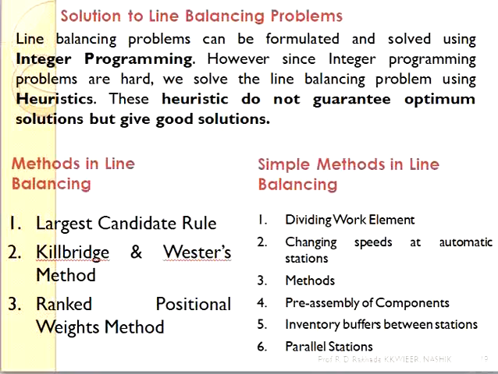These are trial methods, or we can change methods. Pre-assembly of components, then inventory buffer between stations, and we can use parallel stations, meaning at a time we can use 2 or 3 of the same machine instead of a single machine. So these are trial and error methods.